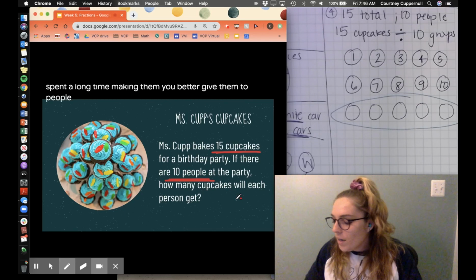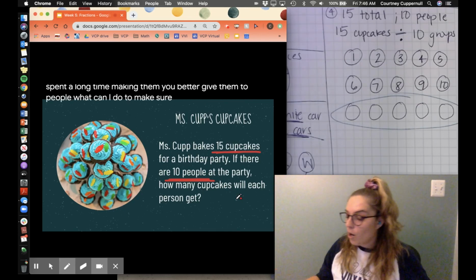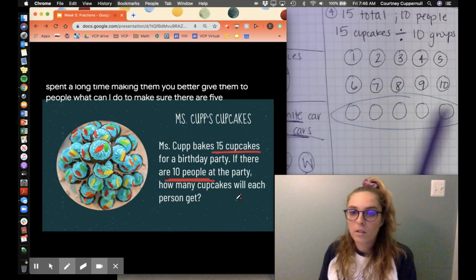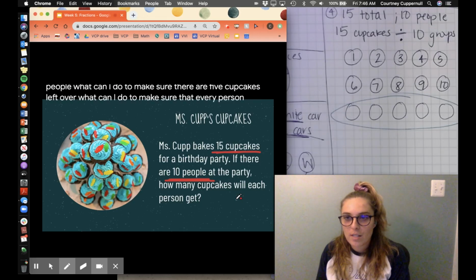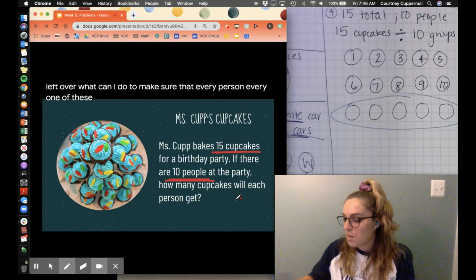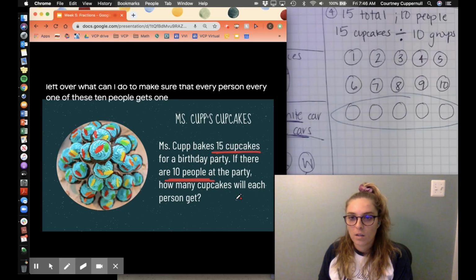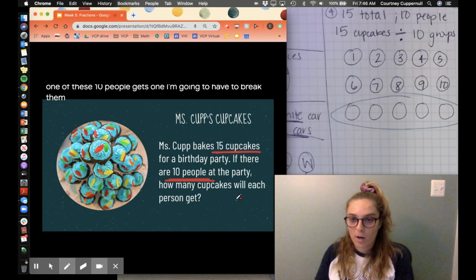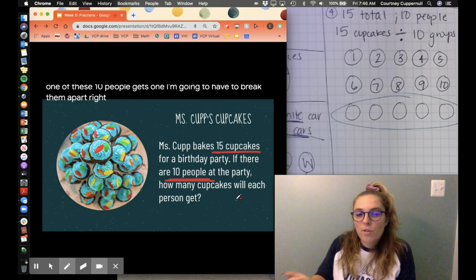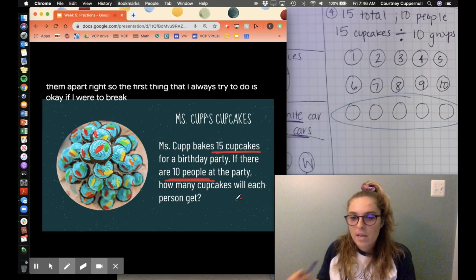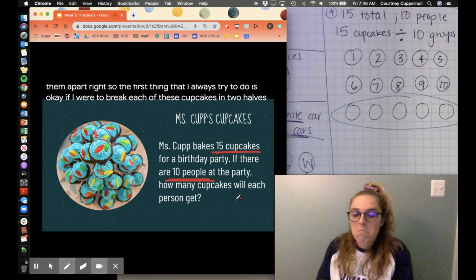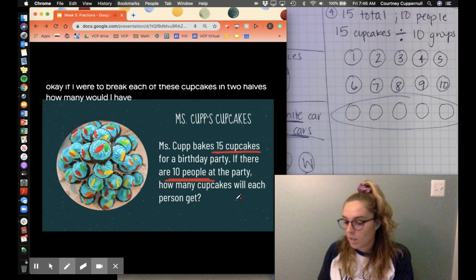So what can I do to make sure there are 5 cupcakes left over? What can I do to make sure that every one of these 10 people gets one? I'm going to have to break them apart, right? So the first thing that I always try to do is, okay, if I were to break each of these cupcakes into halves, how many would I have? Let's check.